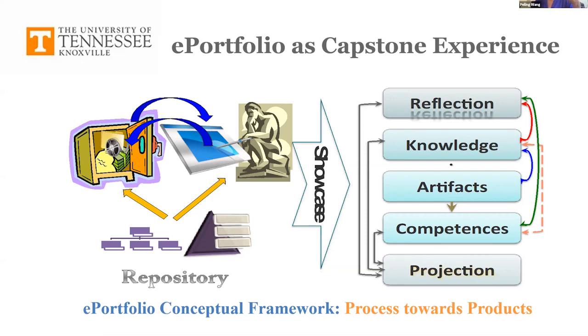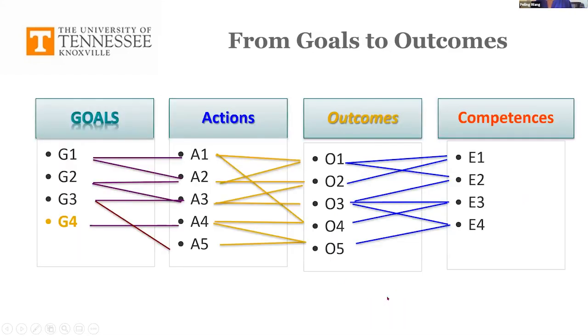From the artifacts, they can articulate how the knowledge is being used and the competencies they needed to create those artifacts. And then there is an overall projection of what they see in the future of their career and how they will continue to be lifelong learners. What learning skills did they learn during this process? That is basically the model. I will be brief on that.